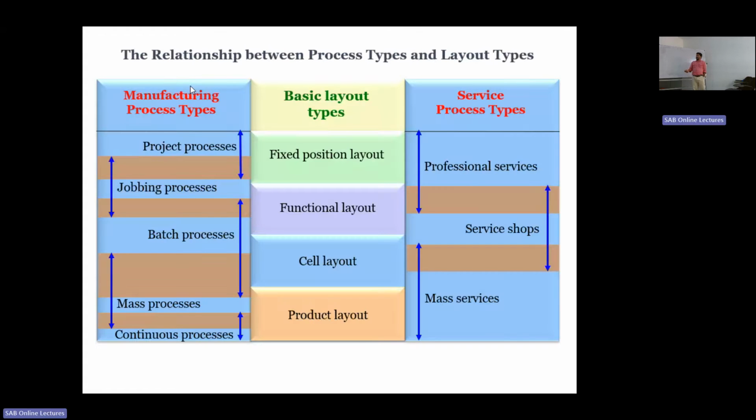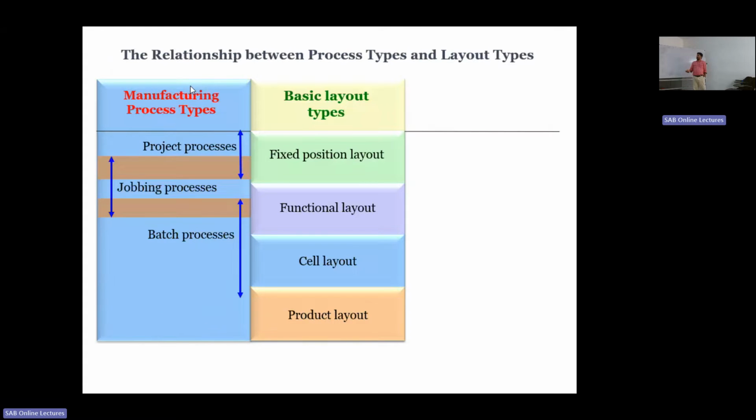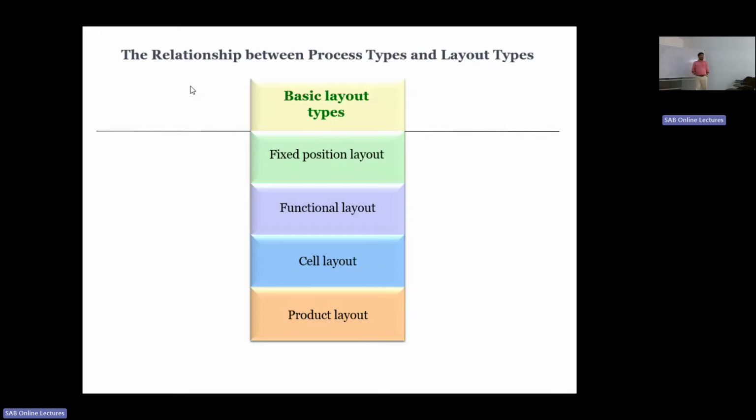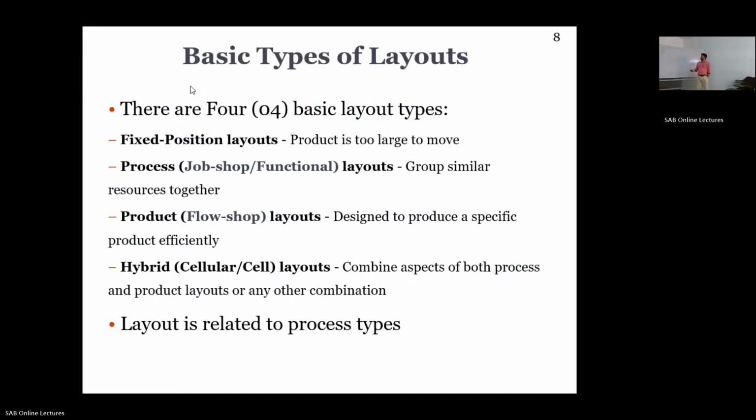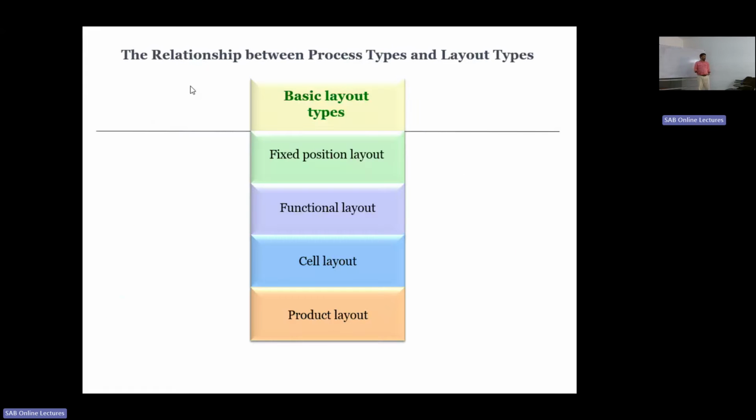Right, then let's quickly go to this slide, slide number 9, because this nicely summarizes whatever we are going to discuss hereinafter. Where to use which type of layouts, and the relationship between layouts and the process types. Let me quickly explain it.